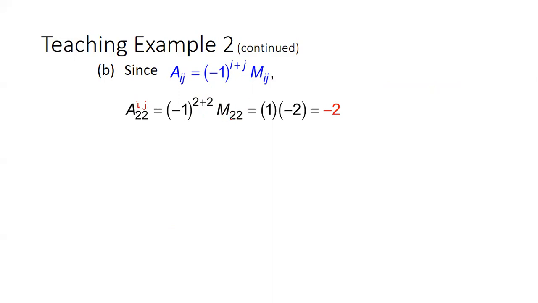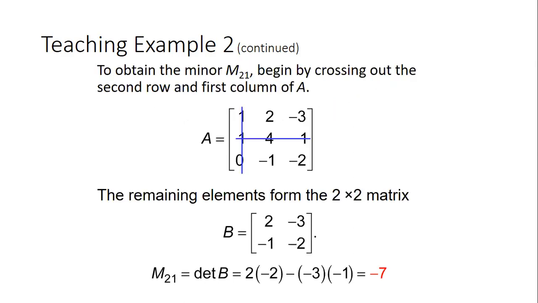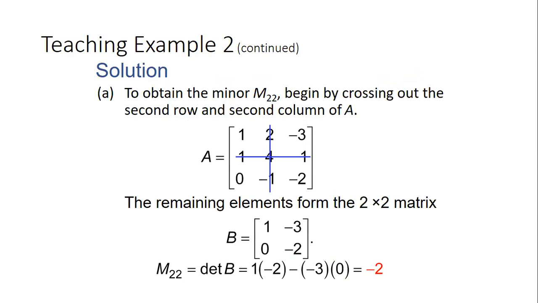Okay, and so for M22, what was M22? And then you plug it in and you do the math, and this is what's called your cofactor. We ended up with -2.